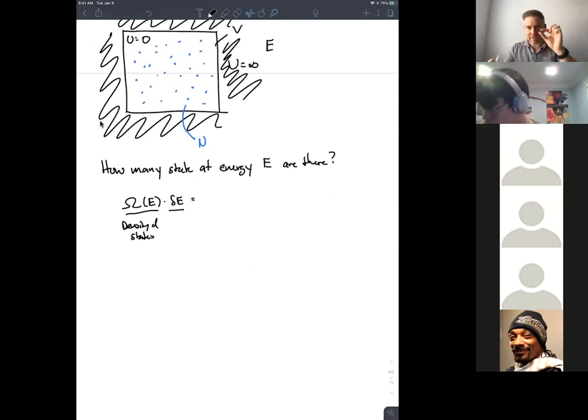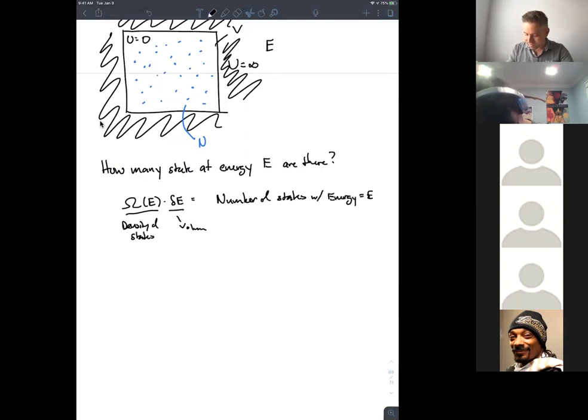This delta E is just some infinitesimal thickness in phase space, so this is a volume, or a distance. And when we multiply the density times a volume, we get a number of states. So this is the number of states with energy equal to E. And we showed that you can calculate this by essentially integrating over all allowed values of our phase space coordinates.